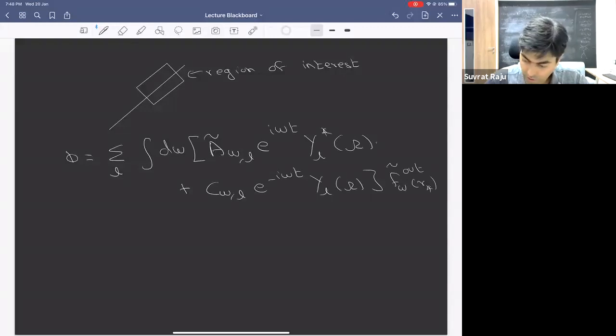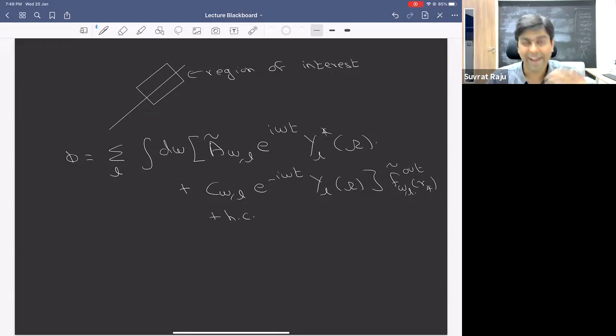F tilde omega L. Excellent. Now behind the horizon, remember that t is no longer the time coordinate. I said we had these a omega L's that behave like annihilation operators, but now behind the horizon, the thing that should behave like an annihilation operator is the thing that multiplies not e to the minus i omega t, but e to the minus i omega r star.